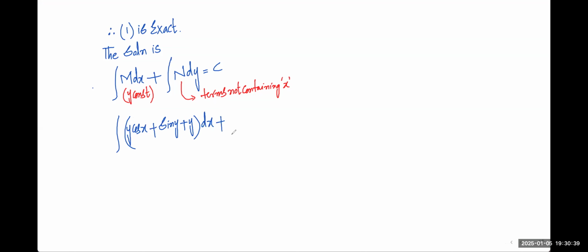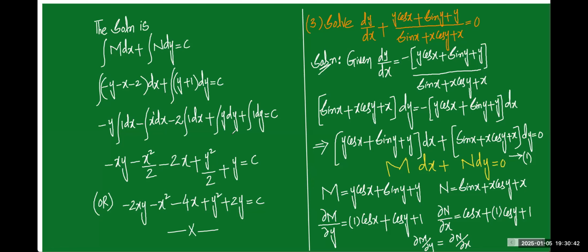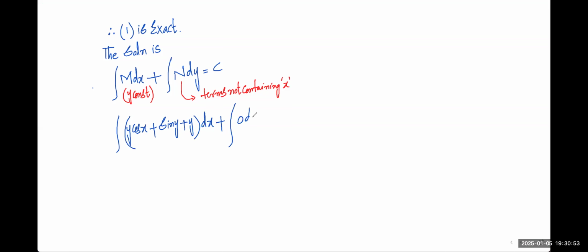Now here, smart work: the terms which are not containing x. Oh, here x is there, here x is there. No, I'm not getting anything. That is 0. I'm not getting a particular term where we do not have x. Everywhere there is x.